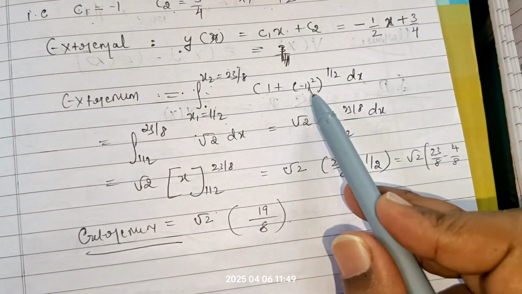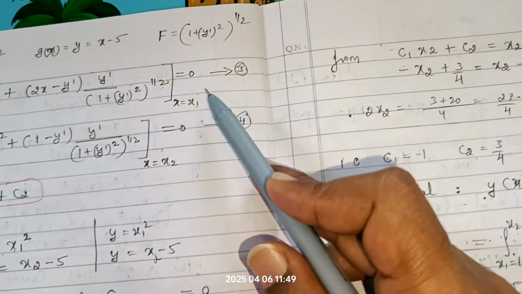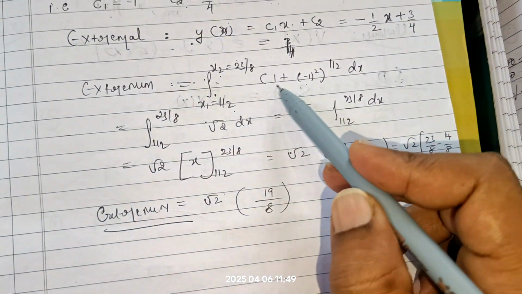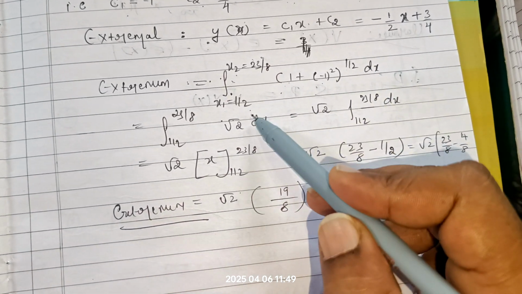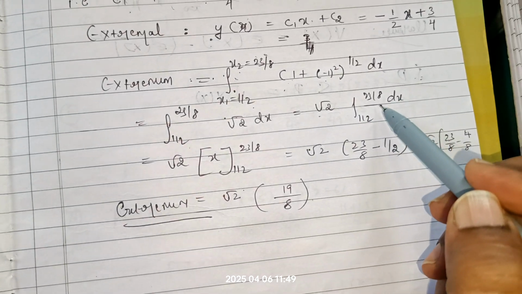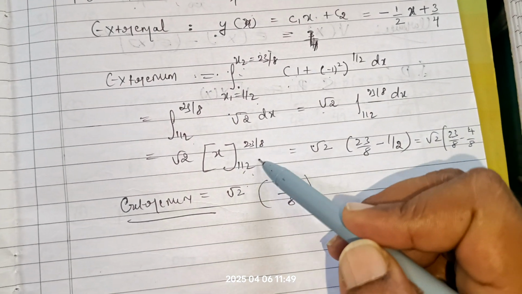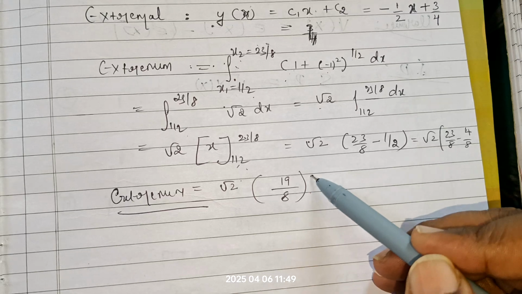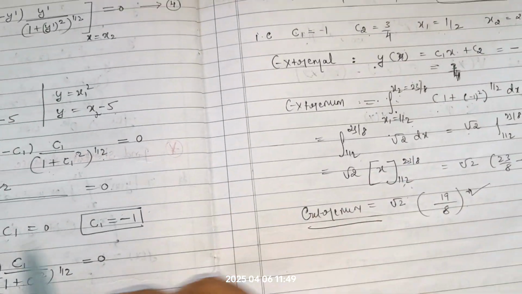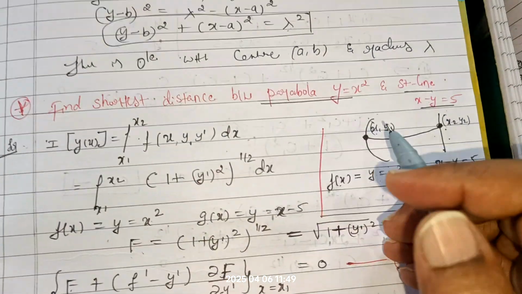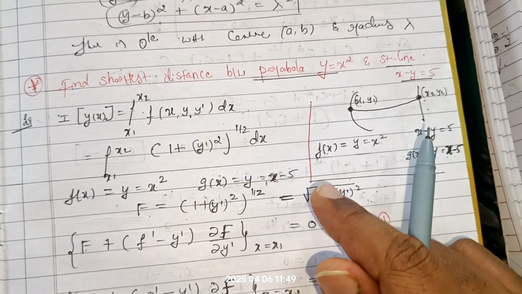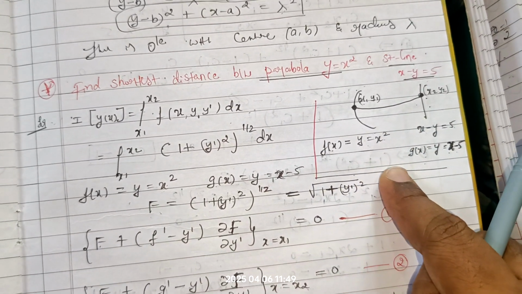So substitute this in the format, 1 plus y dash square raised to 1 by 2. So here 1 plus minus 1 squared, raised to 1 by 2, you will get root 2. So just by substitution, take root 2 out, the integration of dx is x, apply the limits, and you will end up with this answer. So this is the shortest distance between a parabola and y equal to x minus 5. You can observe this carefully, right? You can observe this carefully.